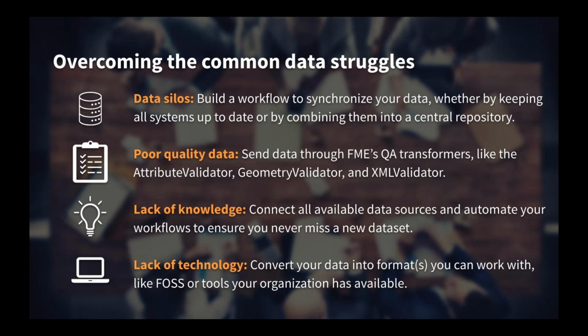So we have the attribute validator, geometry validator, XML validator. To address a lack of knowledge, you would connect all of your available data sources and automate your workflows to make sure that you never miss a new data set. And if you're facing a lack of technology, convert your data into formats that you can work with, like free and open source software or whatever tools your organization has available.